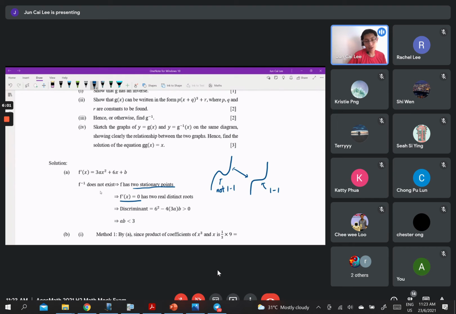And of course, for a quadratic having two distinct roots, you can link it to the discriminant. So just do the b squared minus 4ac. And you conclude that this difference has to be positive, and from there you see that ab is less than 3.